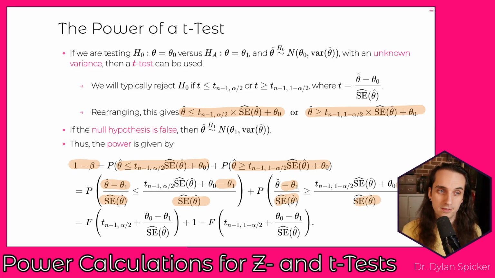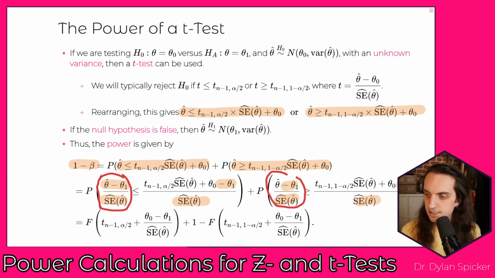And now what we have is that these terms here on the left-hand side and here on the left-hand side follow our t distribution with n-1 degrees of freedom. And so if we take F here to be the cumulative distribution function for the t distribution with n-1 degrees of freedom, right?